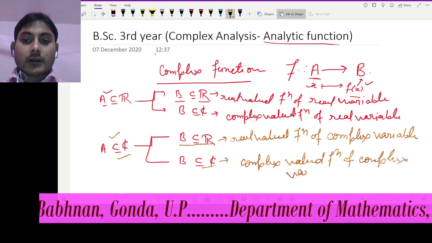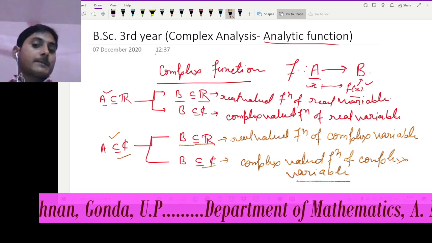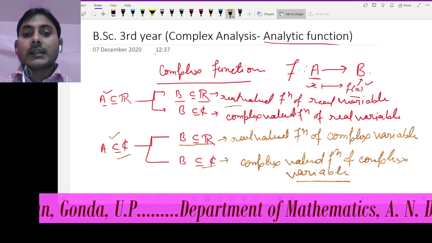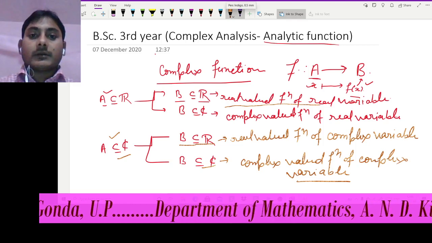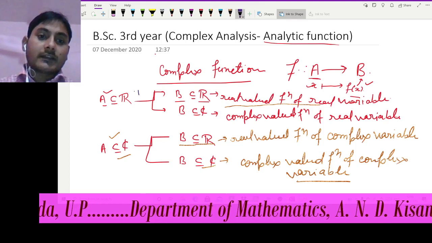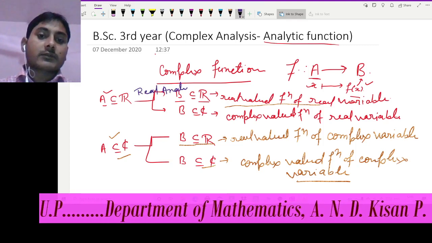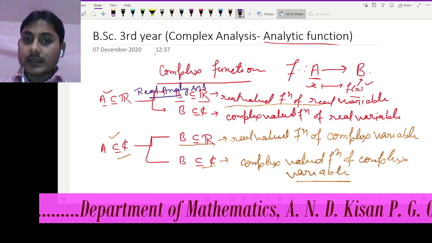We have already talked about these things and given several examples related to this. The first one, which is a real valued function of a real variable, will be considered in the real analysis course, so that's why I'm not dealing with this here.